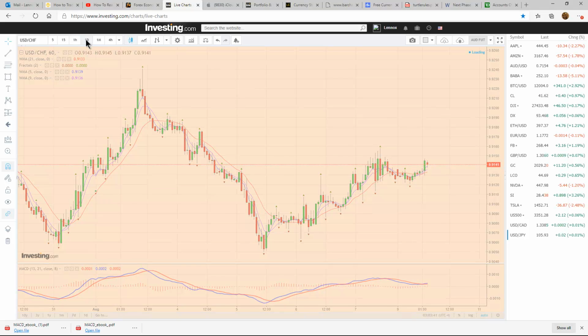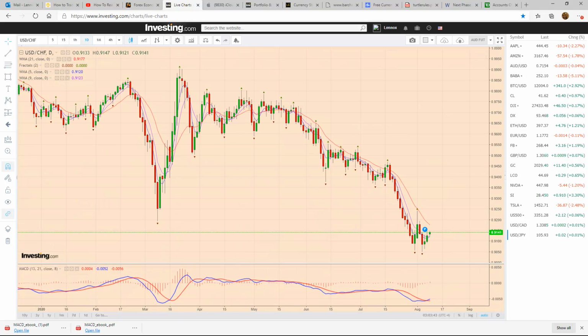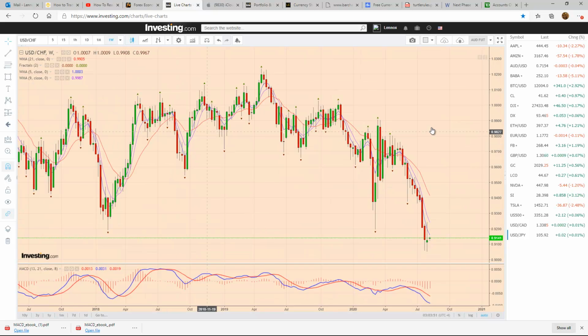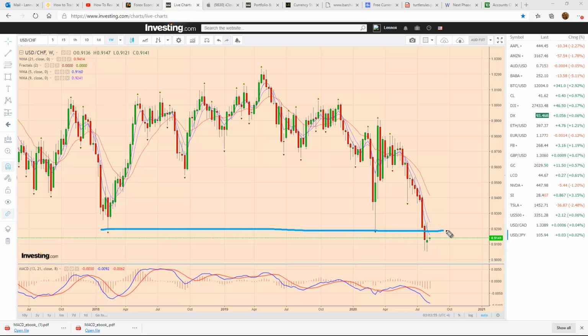However, if we went to the daily time frame and took a look at these, you can see this one. Let's go a little higher on the time frame so we can see. There we go. Okay, so now you can see we're at a support level right here. We broke through that support level, and now we're bouncing to the upside.